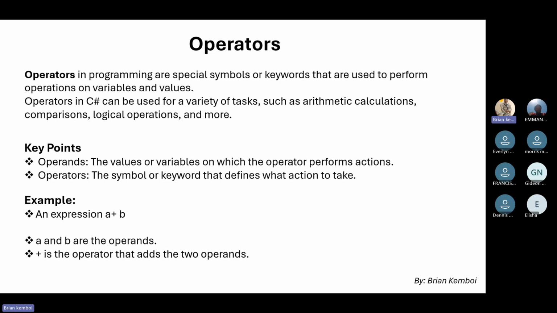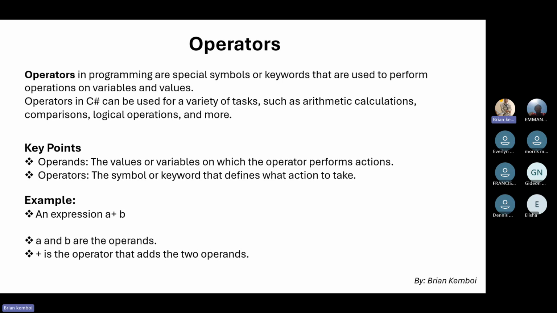An operator is something you'll find in programming, and most specifically when you've been doing mathematics, you've been using these operators, but maybe that was not the name of it. These are keywords used to perform operations on variables and their values.